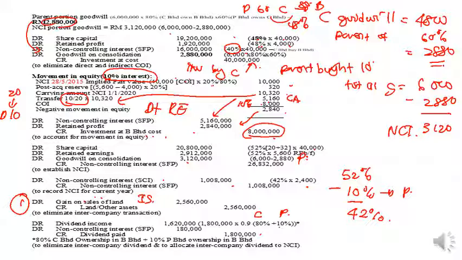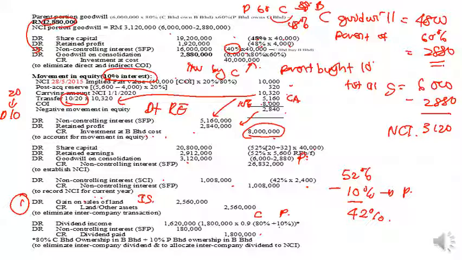Okay, share capital here, so you are using indirect, so parent has indirect 48%. So 48% through C: P to C 60%, C to B another 80%. So indirectly parent has 48%.